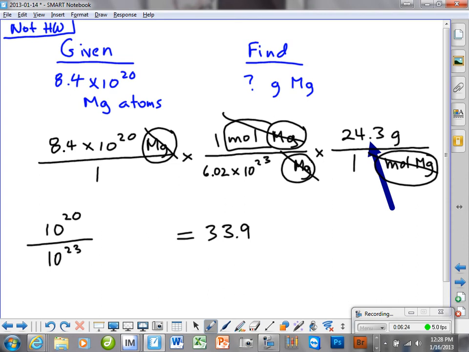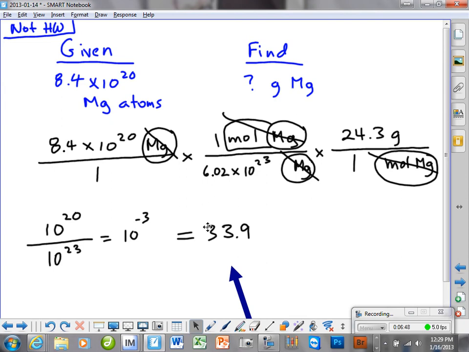What we do when we divide powers of 10 is we subtract the bottom number of the fraction, or the bottom exponent. The bottom exponent is going to be subtracted from the top exponent. And that's why we come up with a number of 10 to the minus 3.